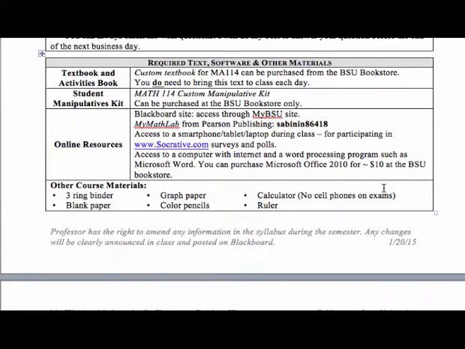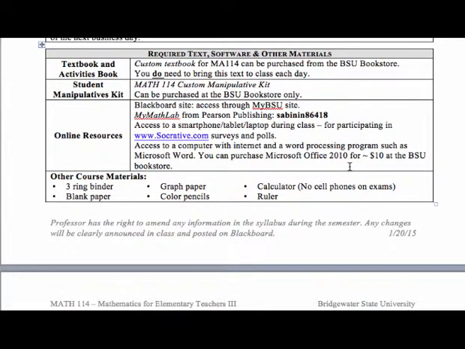Also, we'll be using some online resources. The Blackboard site you can access through my BSU, that we're on Blackboard 9. The My Math Lab site will be where we do a lot of the homework, and I will let you know how to access that. And finally, you'll need to bring your smartphone or tablet or laptop to class because we will be participating in some online surveys or polls during class, and that'll be on socrative.com.